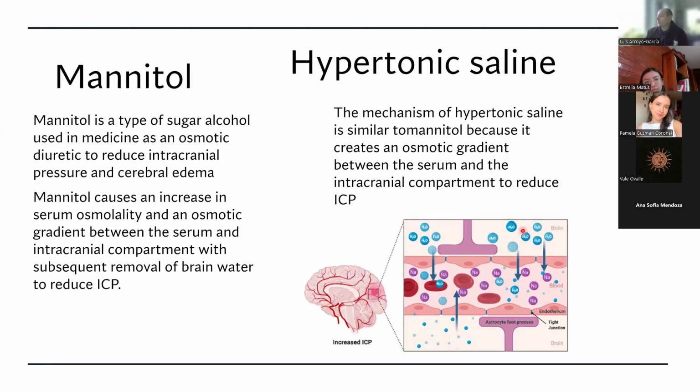But in this case, if you have a hypertonic saline solution or this drug, or more glucose, then the water will try to compensate the concentration between the extracellular part, in this case the brain, and the blood. And with this you can actually reduce the intracranial pressure.